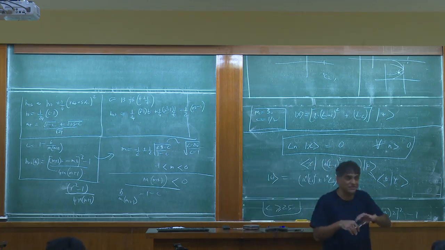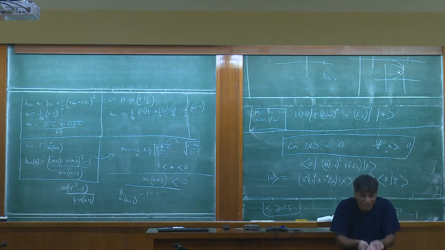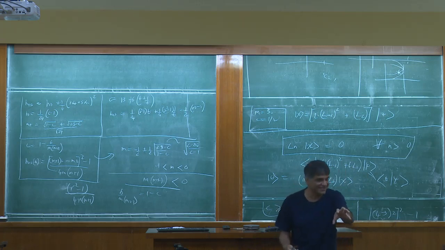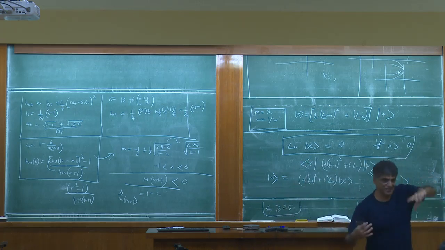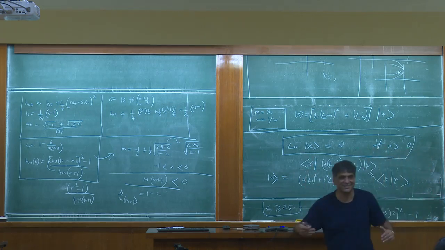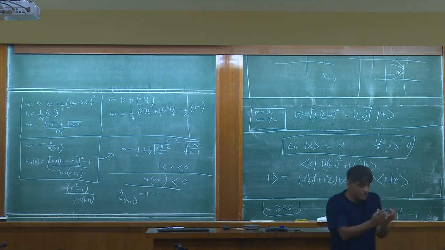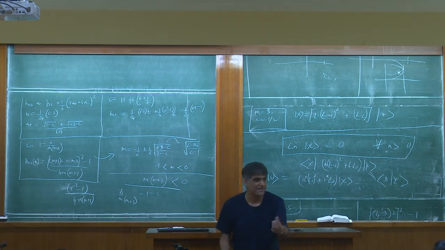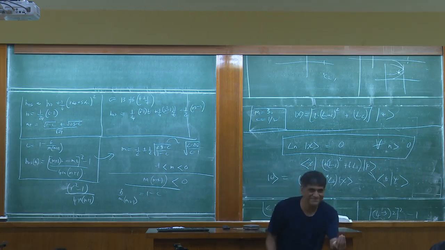And you see the structure of these things: because they're primaries, you remove not just them, but of course all their descendants as well, because the inner product of any descendant of the state is related to the inner product with this primary by the way we computed this inner product matrix. So the structure of this theory is this. You have these null states that are primaries as well as descendants.